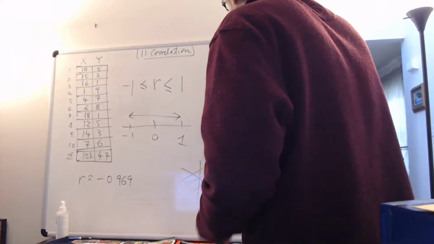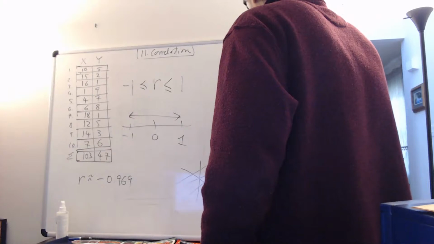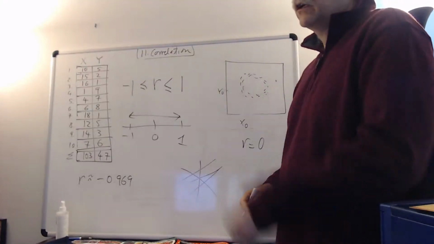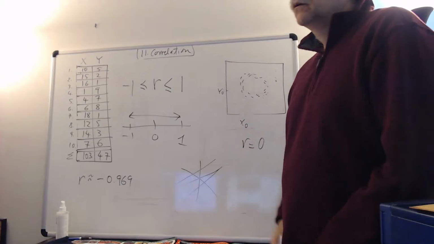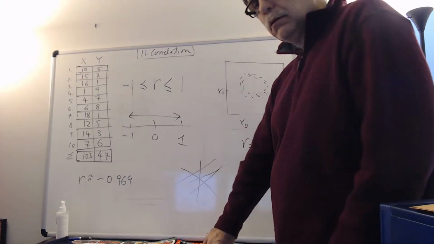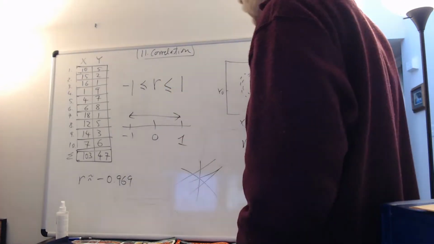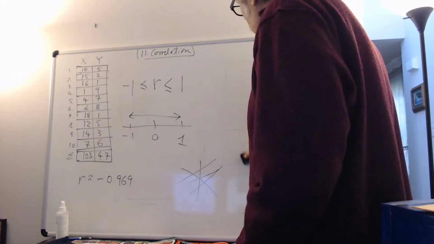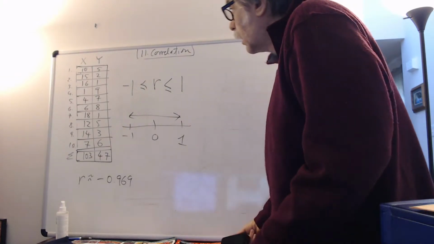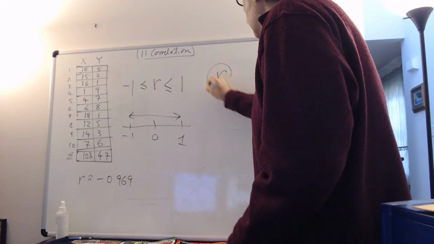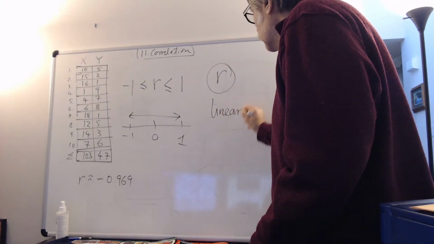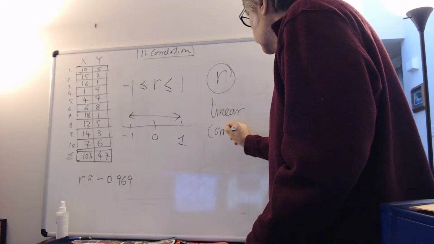The trends that are non-linear, so this is one kind of trend that is not linear, you can as well get a circle. Like, you know, here you have a trend. You're not going to have any data like that, but you could. The R will tell you 0, meaning that R is the linear correlation coefficient.